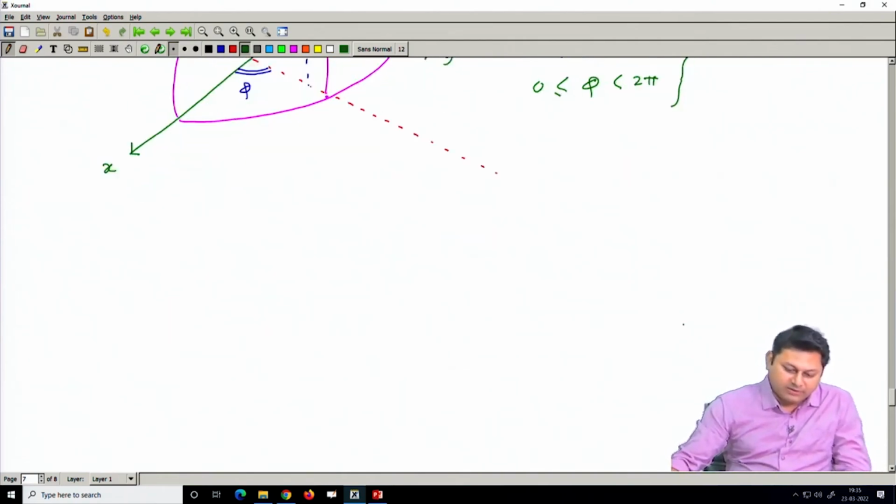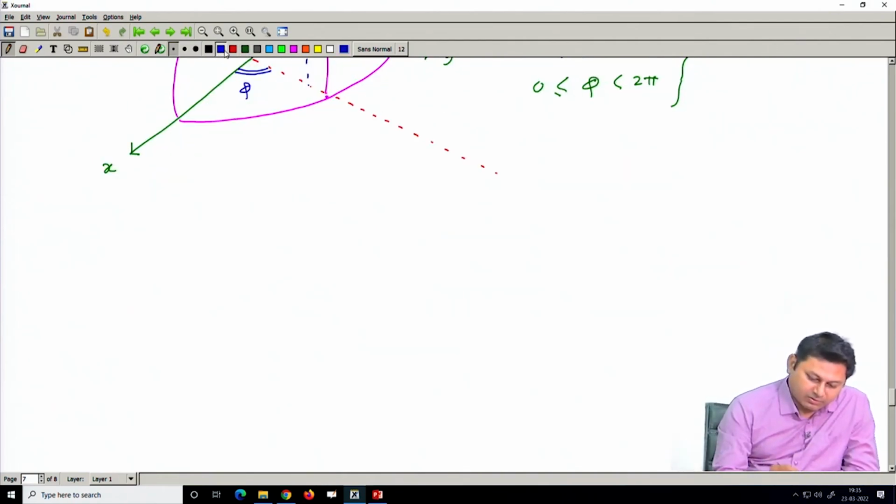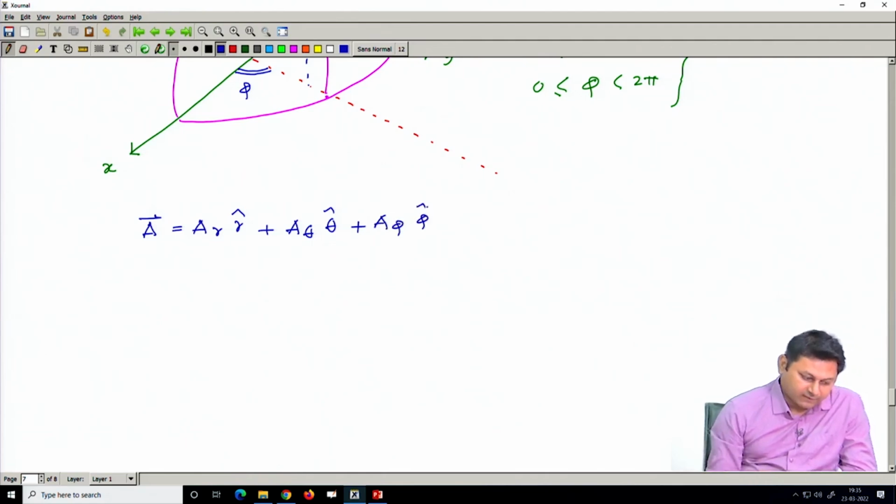Well, what are the unit vectors? That is important. I also need to define the unit vectors. A vector can be defined in this way: A_r times the r unit vector, plus the theta unit vector and phi unit vector components.